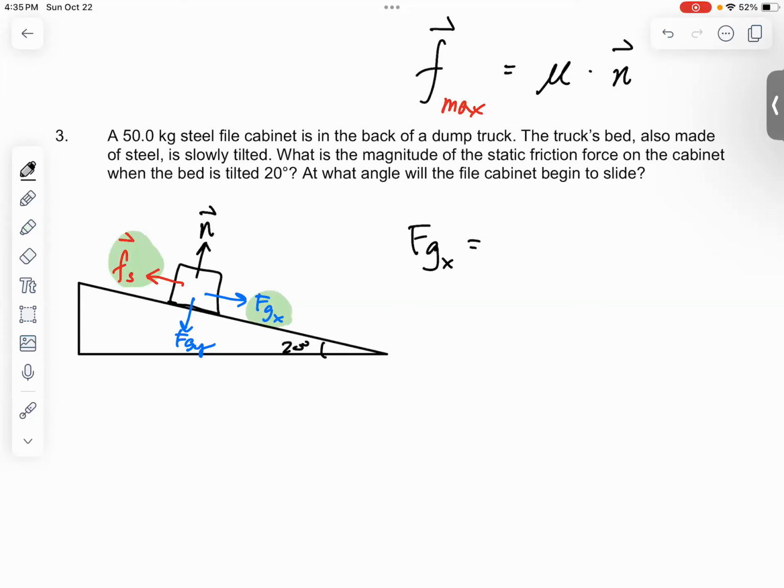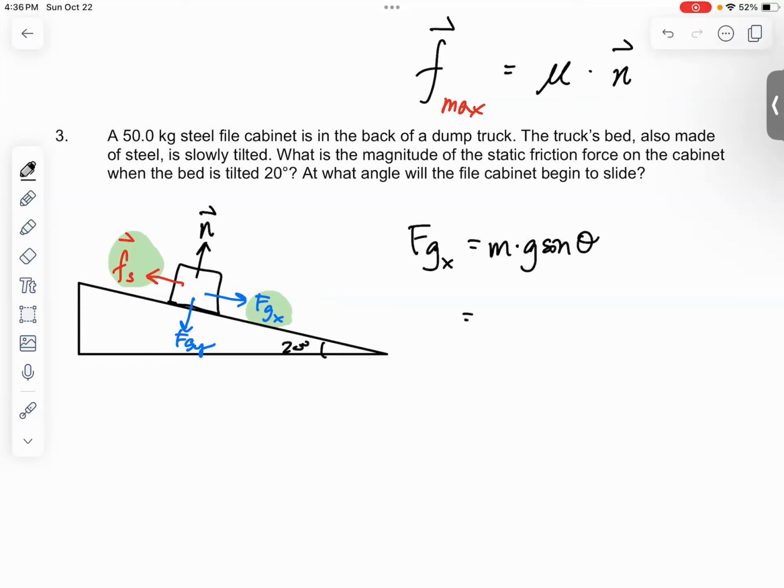What's FG in the X direction? FG will be M times G, right? But it's inclined, it's tilted. How would that change? FGX will be M times, which one? Sine. Mg sine theta. Okay? Mg sine theta.